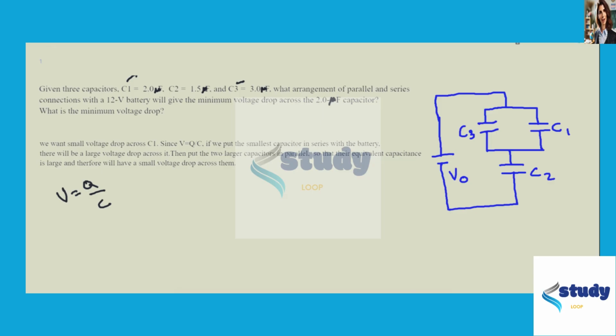So let's actually try to solve it mathematically. We'll have 1 over C equivalent, which is equal to 1 over C2 plus 1 over C1 plus C3. C1 plus C3 is the equivalent capacitance of these two since they're in parallel, and then the reciprocal of that, plus the reciprocal of C2, gives us the reciprocal of C equivalent.